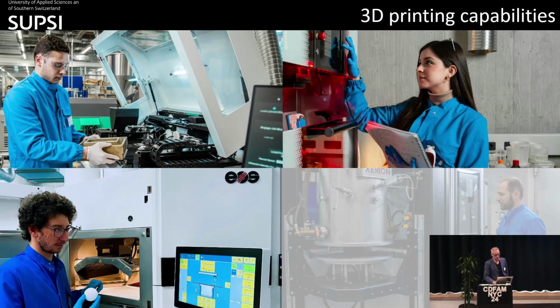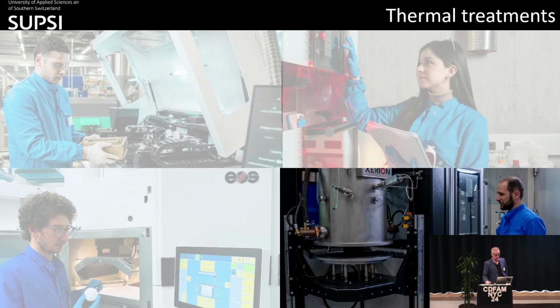On the top right, you see a stereolithographic machine, very precise, but with optical limitations. And on the bottom left, you see a powder bed fusion machine, for a process in which we were preparing a porous body for a further infiltration. And finally, and this is more my part of the experience, we have a bunch of ways to thermally treat these materials and convert them from, say, a polymer-ceramic composite to a fully ceramic material.